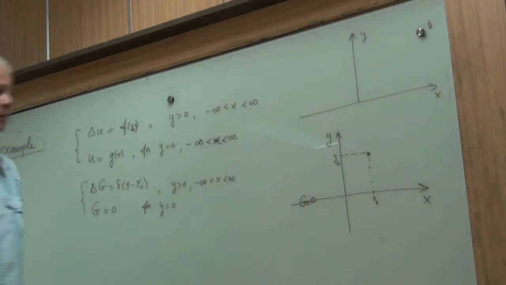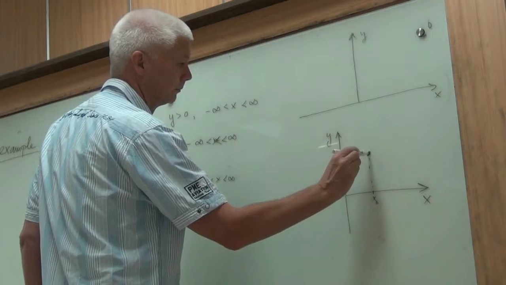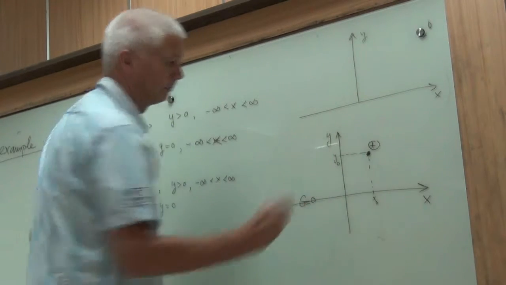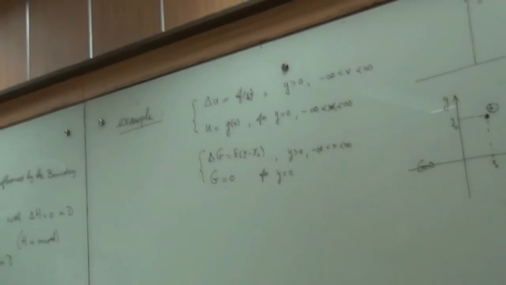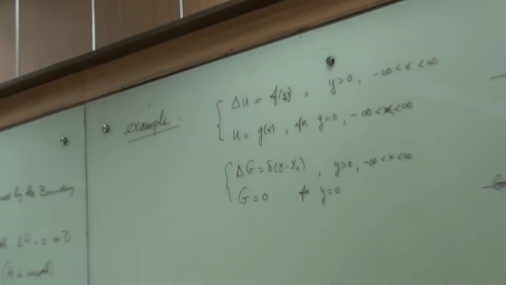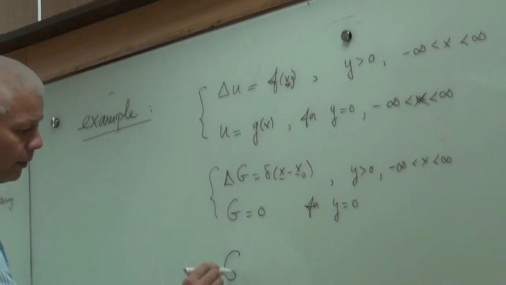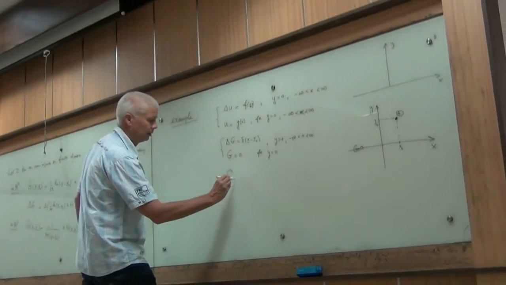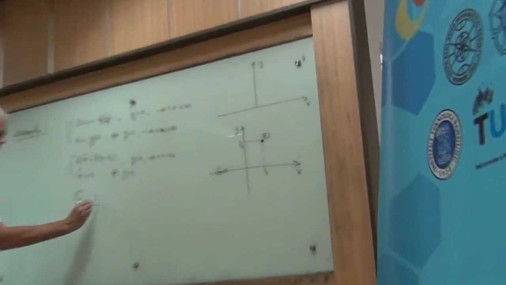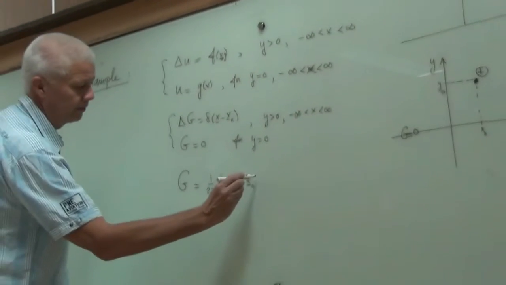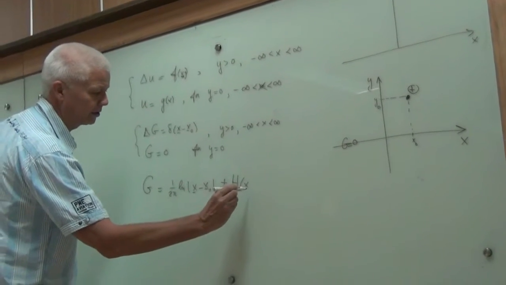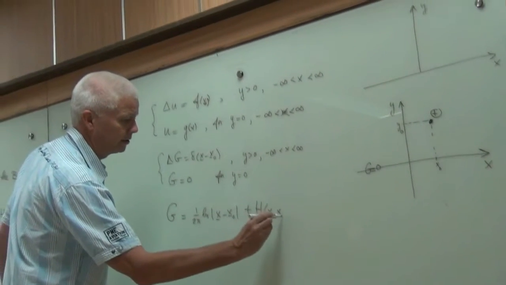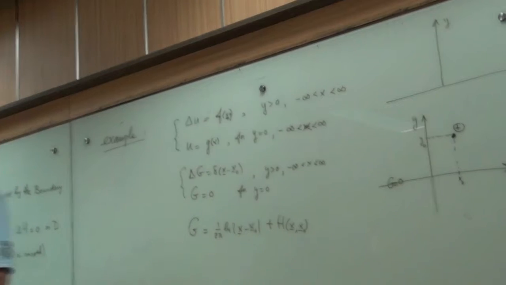So this is the problem for G. And I know that my G has the following form: G equal to 1 over 2 pi logarithm of x minus x0, plus a function h which depends on x and x0.